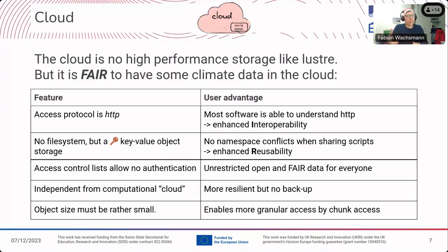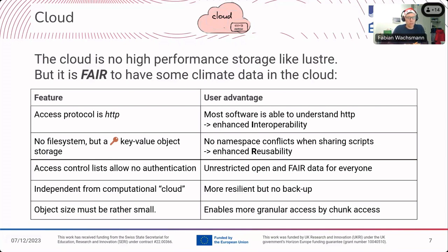The next thing would be that the software also has to understand climate data, but we have software tools like Zarr, which allows us to work with climate data via HTTP. In general, that can mean enhanced interoperability. And if we have no file system, but a key value object storage, this results in fewer namespace conflicts.